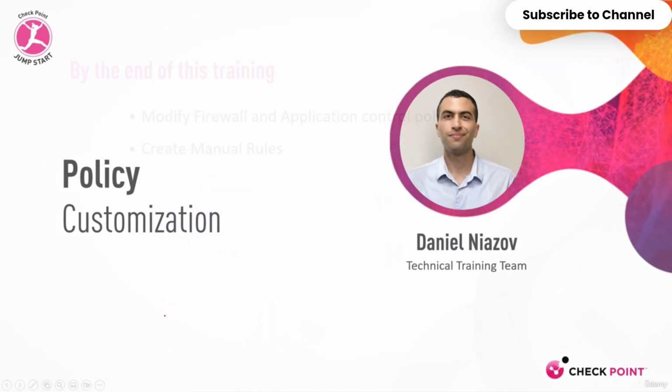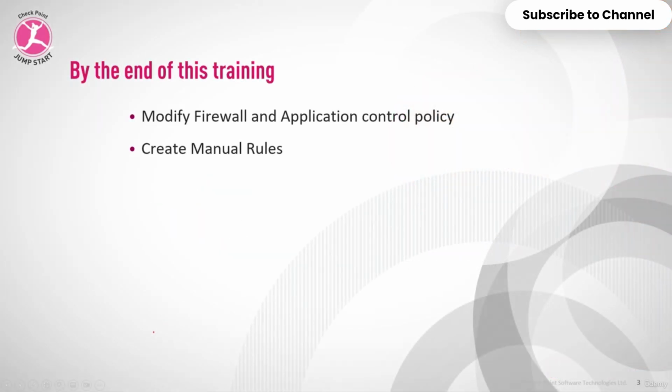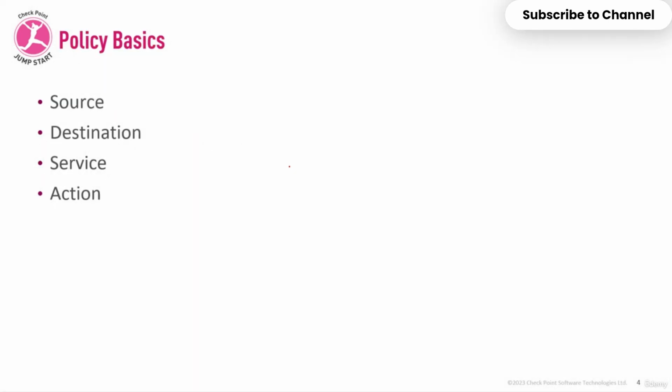Policy customization. By the end of this training, you'll be able to modify firewall and application control policy and create a manual rule. The basics of a policy is any traffic can be categorized into its own source, destination, and service.